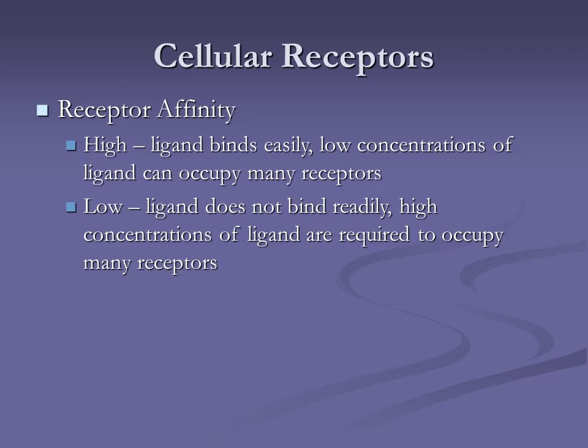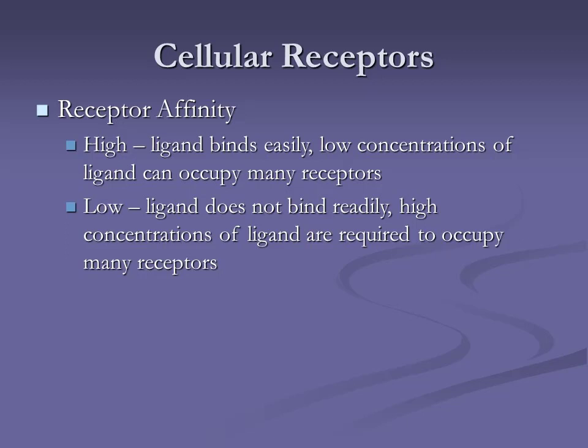Like one of these magnets that they use to pick up the roofing nails, you just kind of drag it behind you. When a nail gets on that thing, you can almost not get it off. It's so strong. So with a high affinity ligand receptor relationship, you're going to bind that ligand extremely easily, and it's only going to take low concentrations before you're really going to stimulate that receptor because it's going to be there a while.